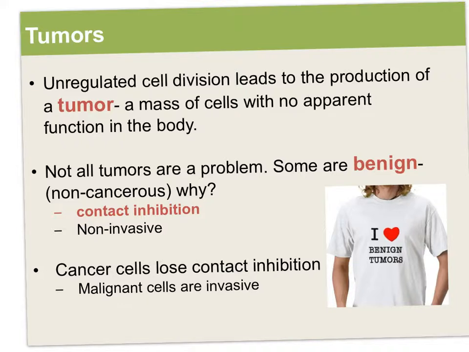Now, most tumors are not cancerous, they're benign. In other words, they don't invade adjacent cell tissue, nor do they travel around the body. It doesn't mean that they're not dangerous.